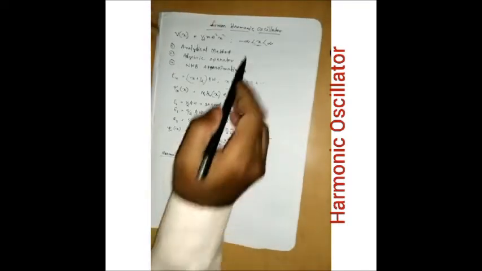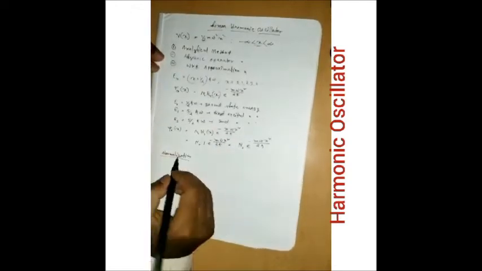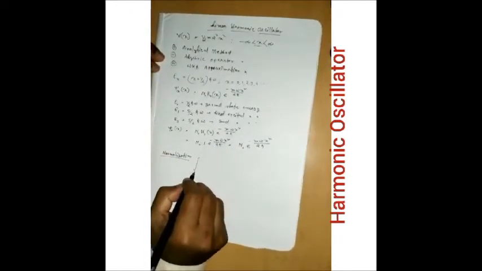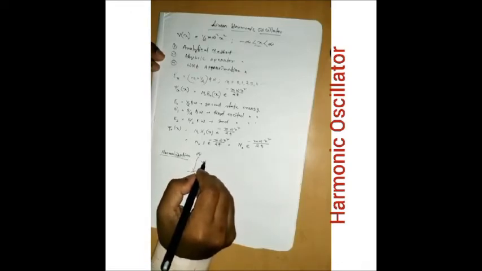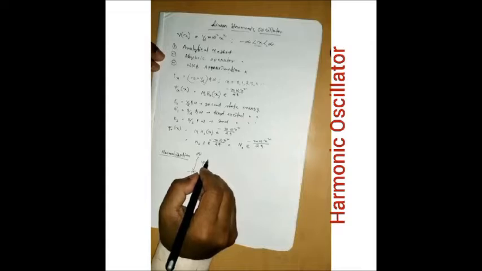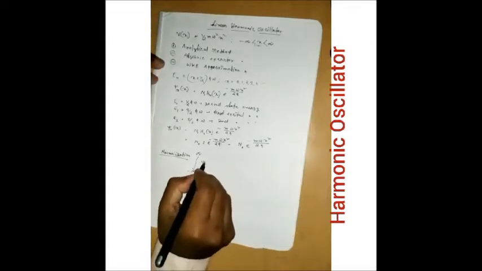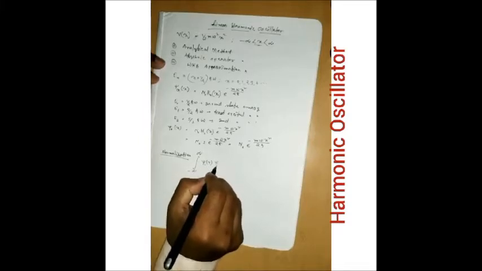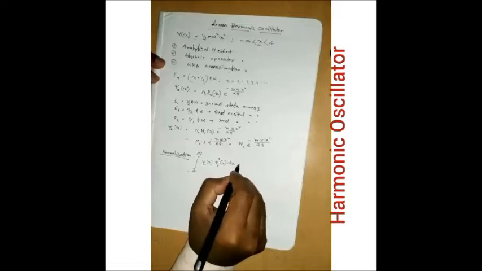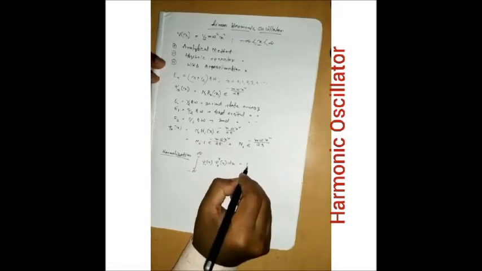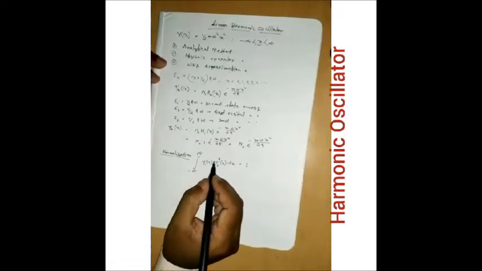Since the limit is given here from minus infinity to plus infinity, I will take the integral from minus infinity to plus infinity of psi0(x) psi0*(x) dx, and by the normalization condition, this must be 1. Clear?